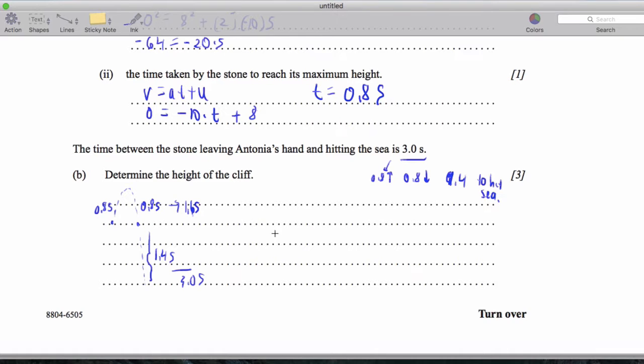With that in mind, let me try a little bit of a different approach. We are going to say the height of the cliff is negative 1/2 g t squared, plus, well, actually, let's be clear. I'm going to write this formula: s equals 1/2 a t squared plus ut. Now here's the deal.